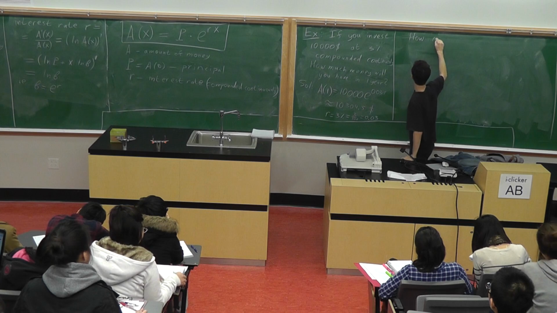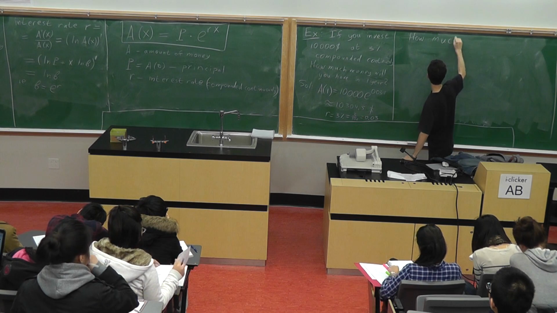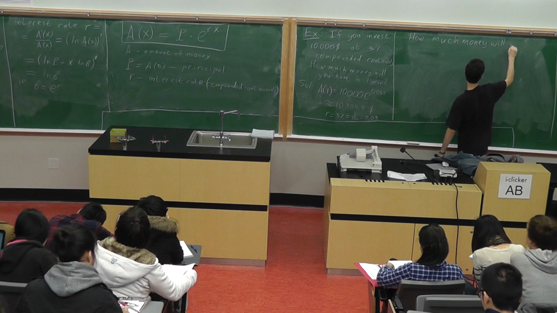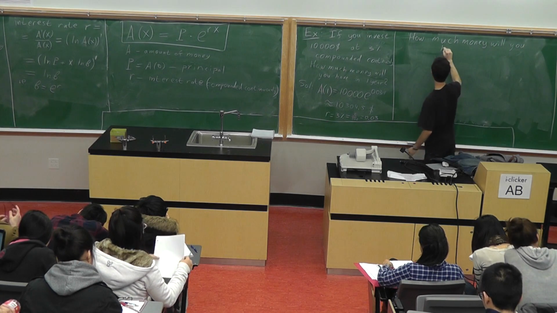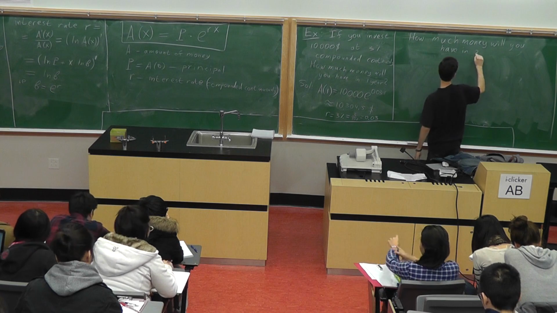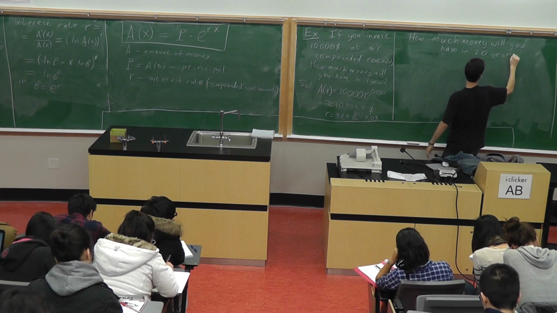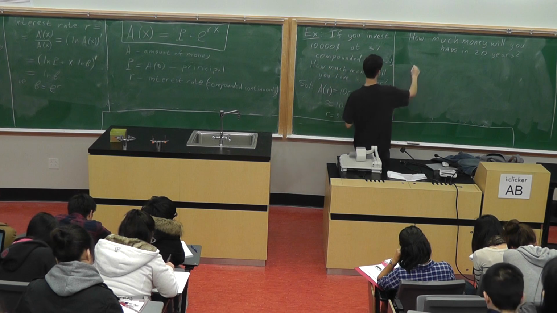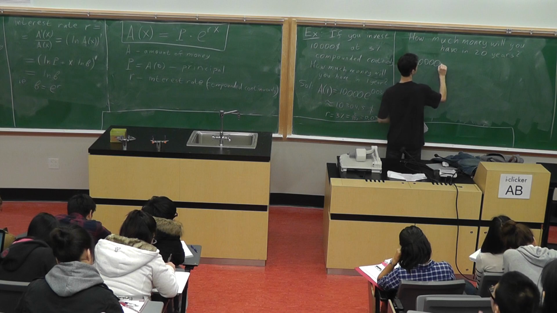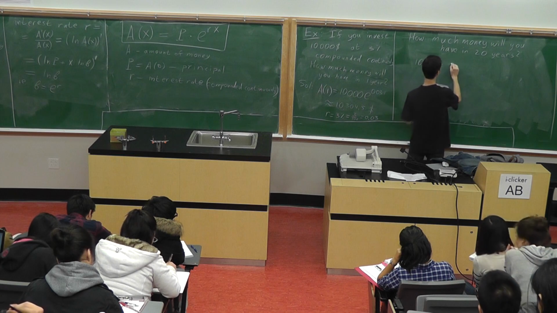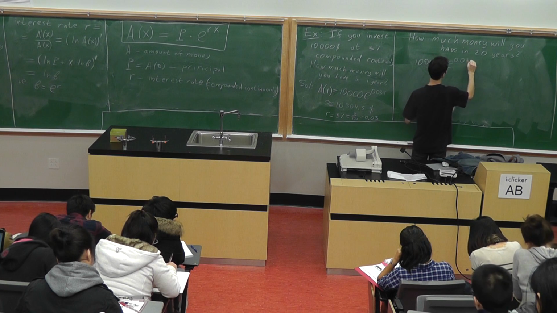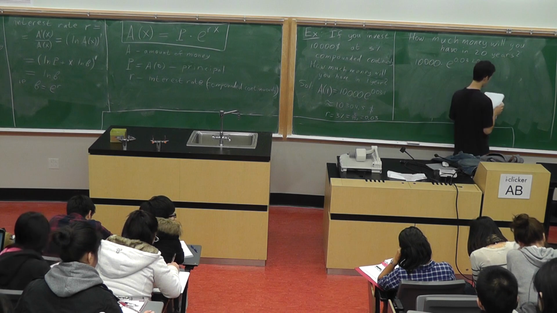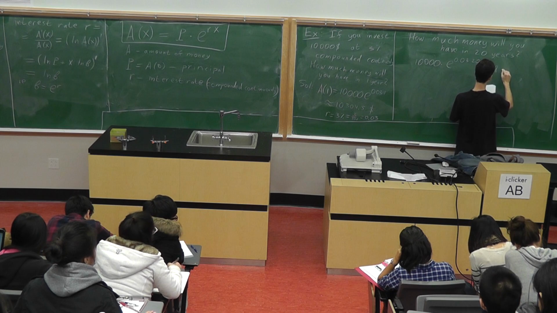Okay. How about 20 years? How much money will you have in 20 years? Well, also not very hard. 10,000 times e to the power 0.03 times 20 happens to be about $18,221.19.